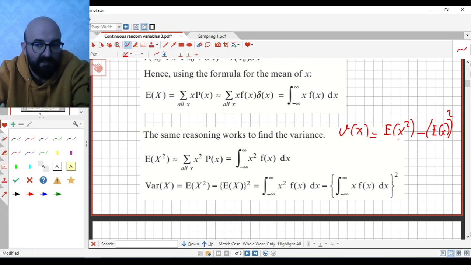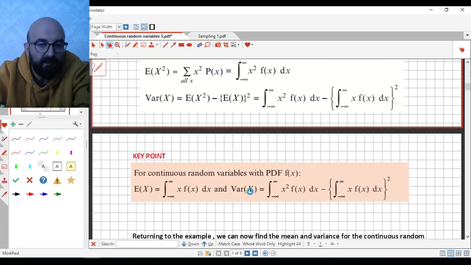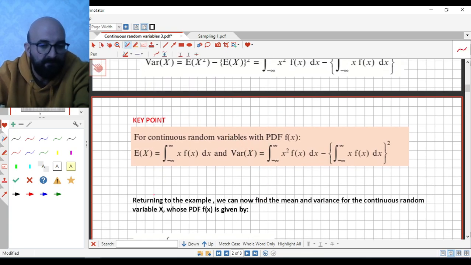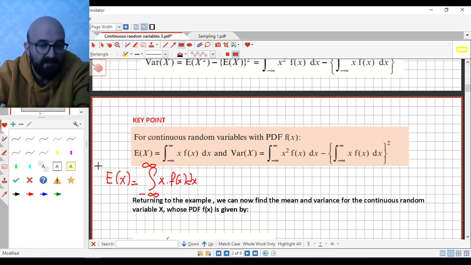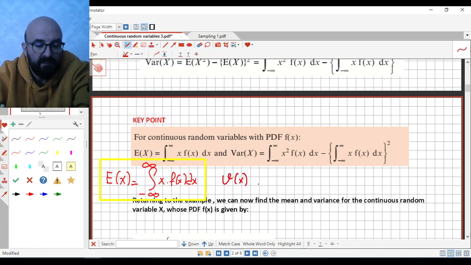So in the PDF, the expectation of x means the integration from negative infinity to positive infinity of x multiplied by f(x) dx. This formula gives us the expectation value in the PDF, and the variance formula, as you remember, is the expectation of x square minus the square of the expectation of x.